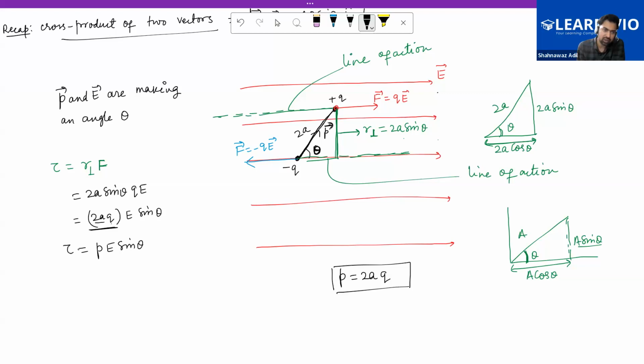This is tau. So can you tell me what is AB sine theta? If we compare this PE sine theta with AB sine theta, do you remember? This is the cross product.